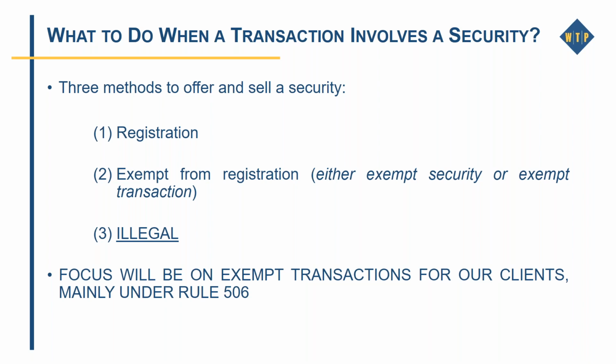They're making that publicly available through a filing with an agency like the SEC. Say, hey, I'm selling this thing. The other option, which is what our clients are really trying to get to, and what my practice focuses on, is an exempt from registration transaction. And that can either mean that it's an exempt security or it is an exempt transaction.